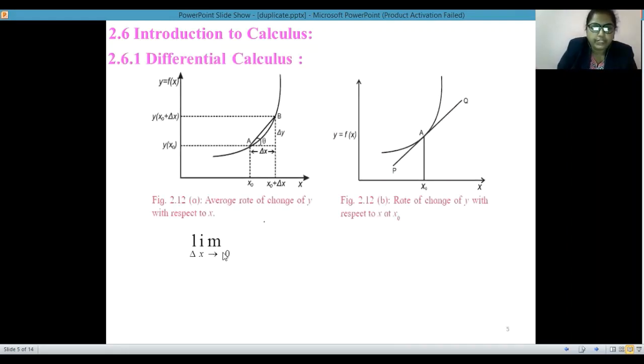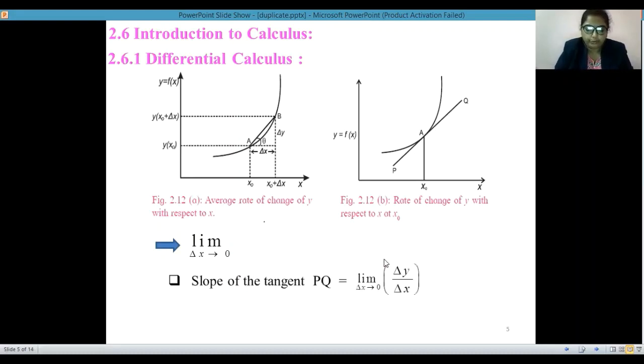In this limit, the line AB extended on both sides to P and Q will become the tangent to the curve at point A, that is at x is equal to x0.